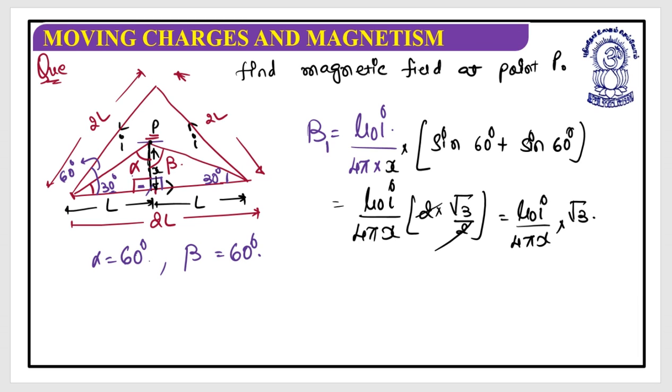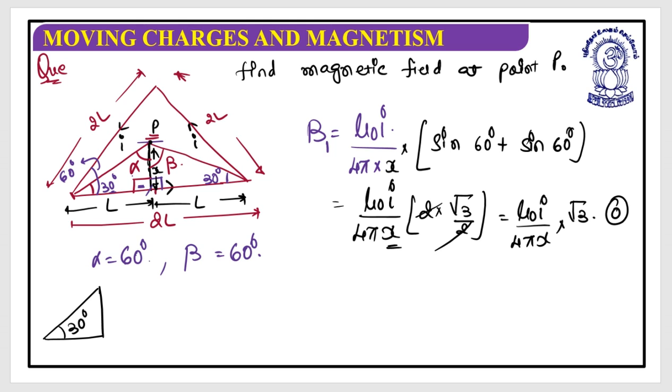As this is moving in anti-clockwise direction, the magnetic field will be outside the plane, but this is not the final answer. I'm going to work for B net, but before we go to it, let's find out x. For x, you need to understand this situation.